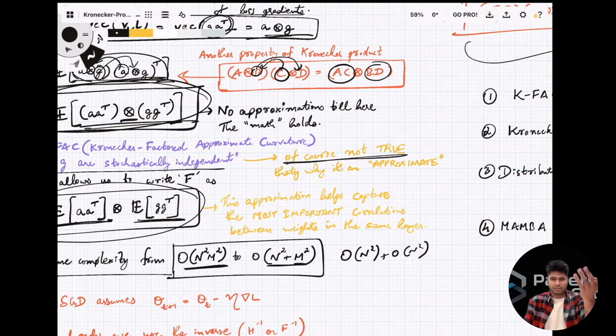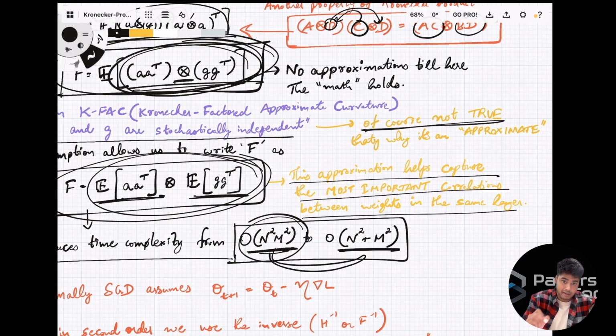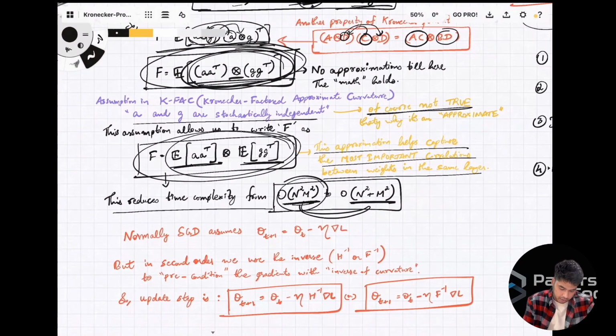I'm assuming most of you watching this video probably know about that, right? So that's just that. This approximation helps capture the most important correlations between the weights in the same layer, right? So when you take this approximation, you do lose out on information, but you still retain the most important correlations while still using the Kronecker product.